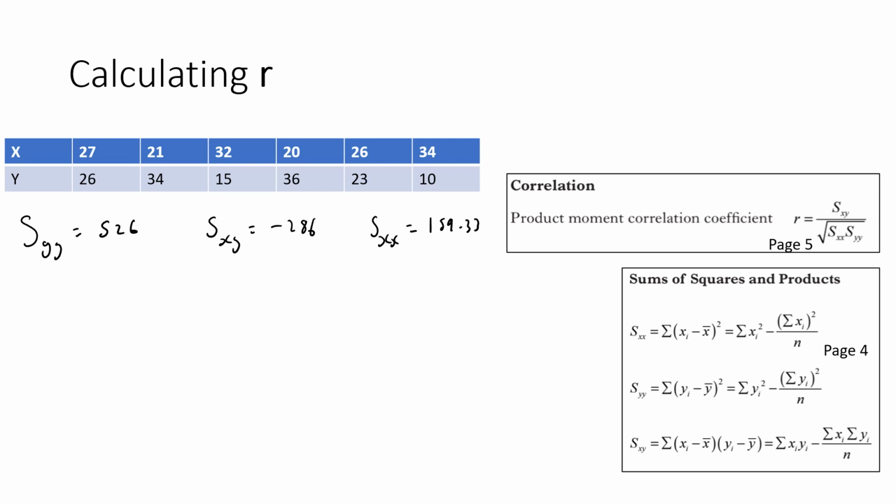R is equal to Sxy, so -286, over the square root of Sxx, 159.33, times 526. And that gives us a really low number, actually. It gives us -0.988.